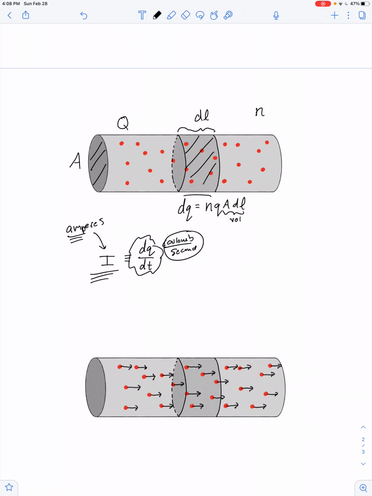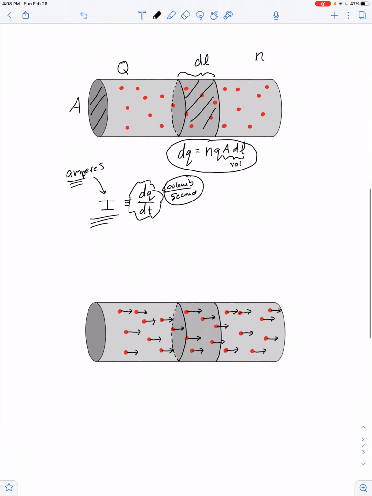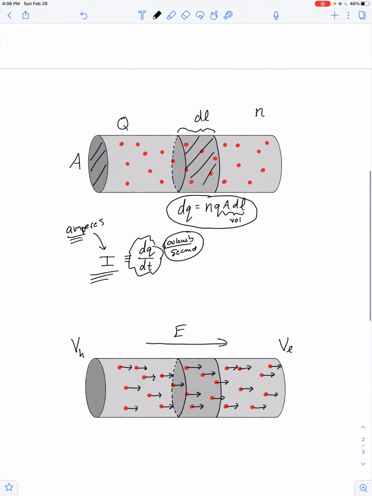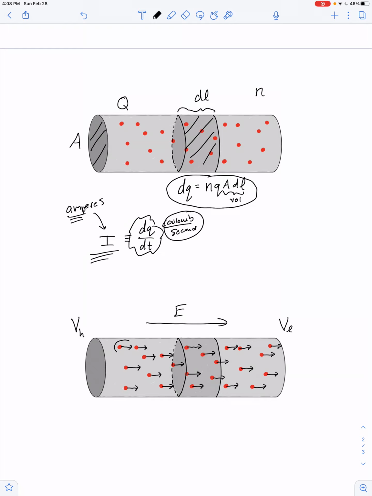So if we know how to calculate the amount of charge in some fractional length of this conductor, now we imagine applying a potential difference. High potential at the left end of the wire, low potential at the right end. That creates an electric field inside of the wire, and it causes these particles to drift. Now, I've oversimplified it and showed it as if all these positive charges are moving exclusively to the right.